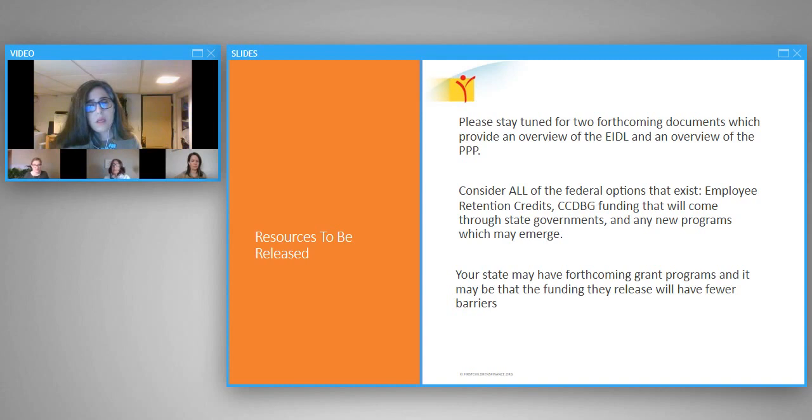I saw some of those questions about the loss in gross receipts over the different quarters. Yes, you do only need to show it in one quarter, not all of your quarters. You do have the option of doing an annual comparison instead of a quarterly comparison.